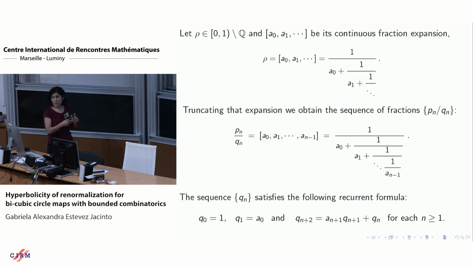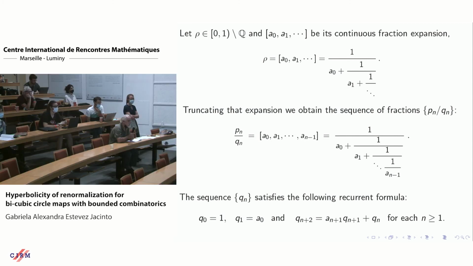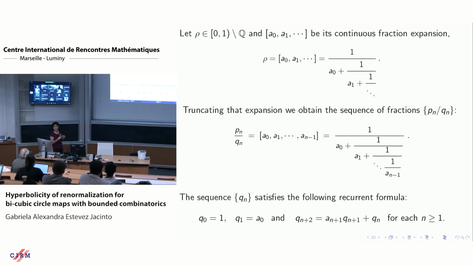So if I start here and then I renormalize, the rotation number will be this one, and if I renormalize again, I will shift. So it's the periodicity of the continued fraction that comes into it? Yes, yes. This is the period of the renormalization. Okay.